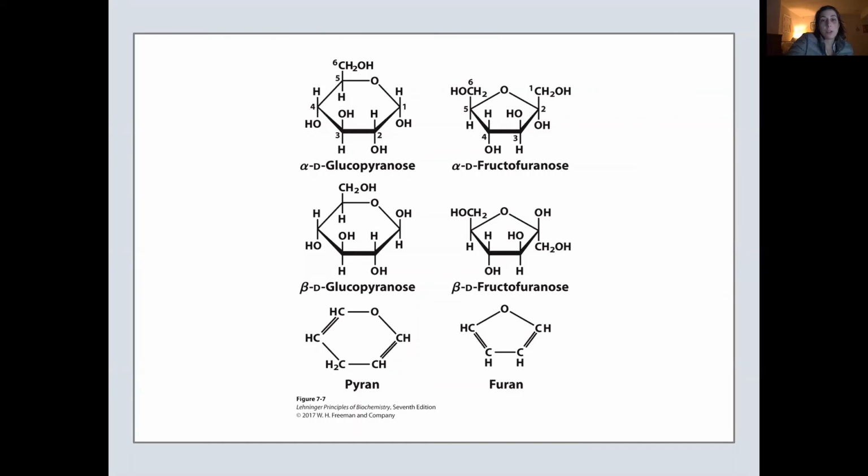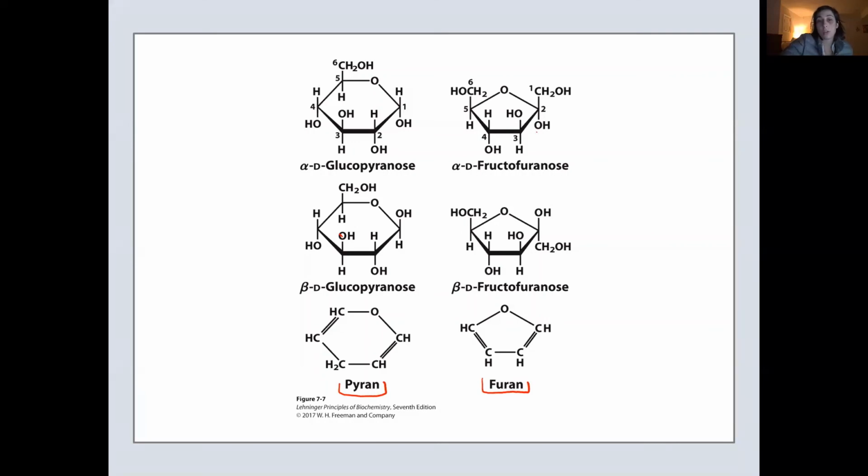So I'm here just showing some examples of sugars that are 6-membered or 5-membered in their cyclical version. You can see that a naming scheme for the cyclical version of a 6-membered ring is pyran because it is based on the molecule pyran. And a naming structure for a 5-membered ring is furan.